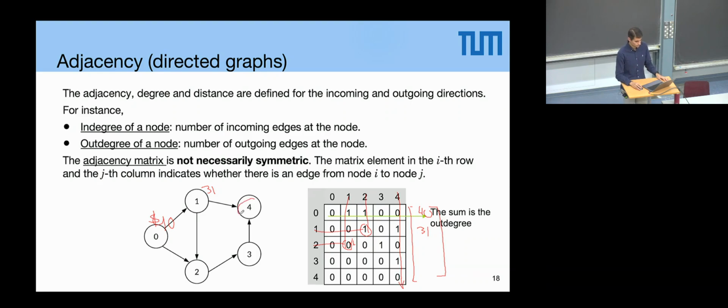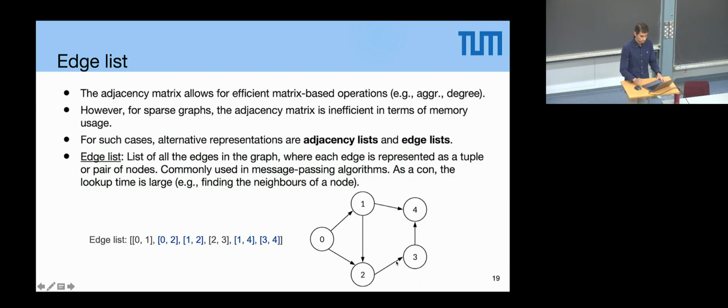So for node 4, we will obtain the summation of the ages of person 1 and person 3. So as you can see, this adjacency matrix is quite efficient for computing these things. However, we are using 25 elements and we are just storing 6 elements here. So in terms of memory, it's not efficient at all.